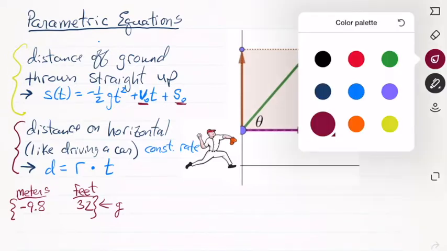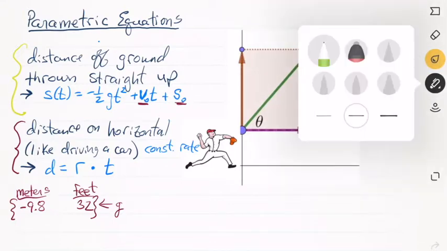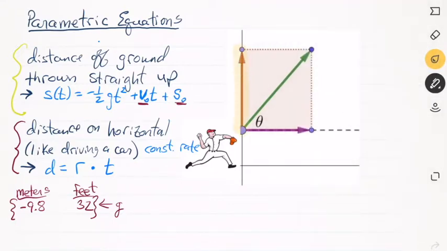We could talk about the vertical component of this velocity, because you're throwing it off angle, part of it is still going up and coming down. And then the other part is this horizontal part. How far is it moving forward as you've thrown it?